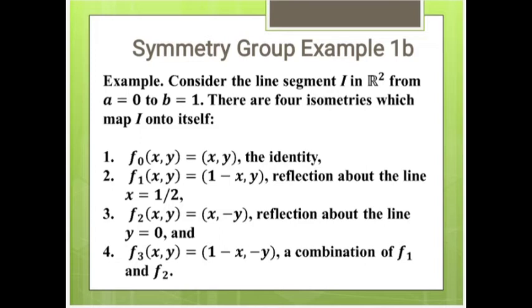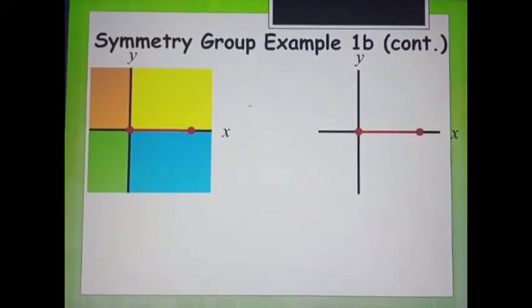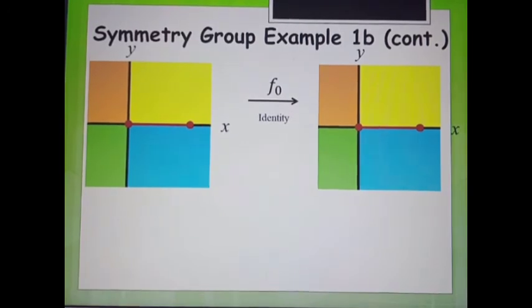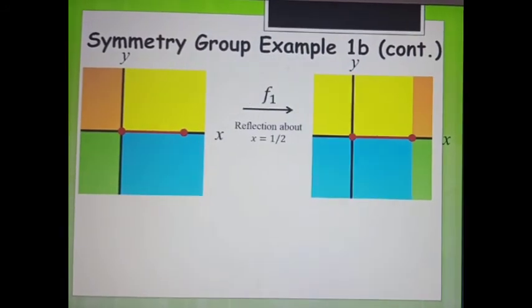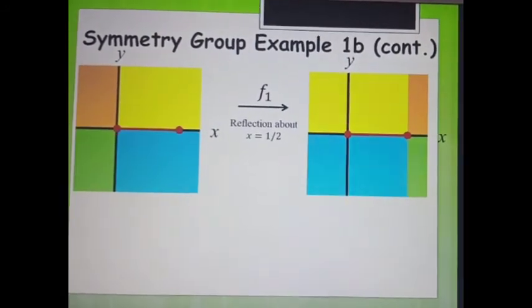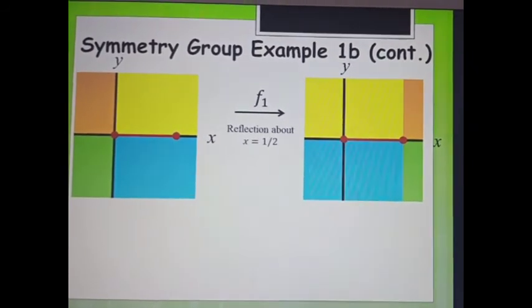the reflection about the line x = 1/2. Third, f sub 2 of (x, y) equals (x, negative y), the reflection about the line y = 0. And f sub 3 of (x, y) equals (1 minus x, negative y), a combination of f sub 1 and f sub 2. The illustration shown first is for f sub 0, the identity, while f sub 1, the reflection about x = 1/2, looks like this.